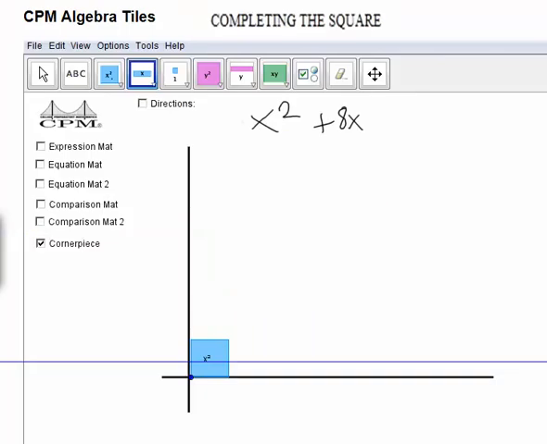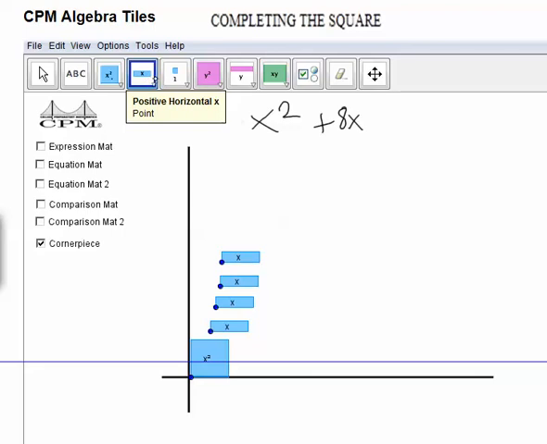Okay, rearranged a little bit so it would work easier, but I've got 1 x squared and now I'm going to put in 8 x's. To make it a square, I'm going to need 4 that go that direction, and then 4 that go this direction.